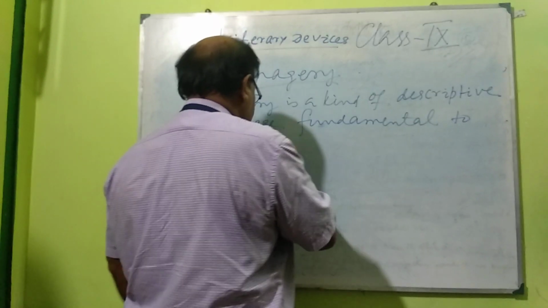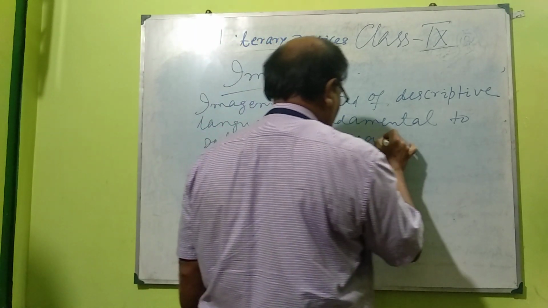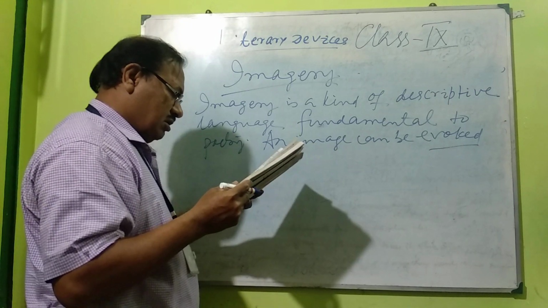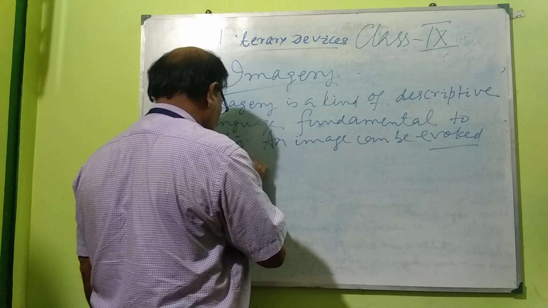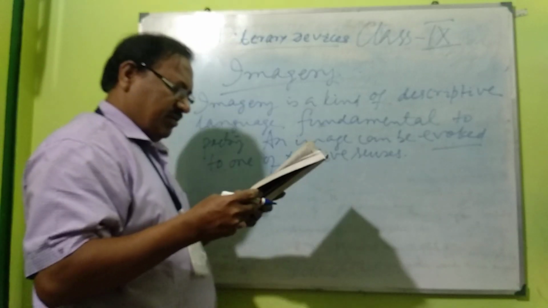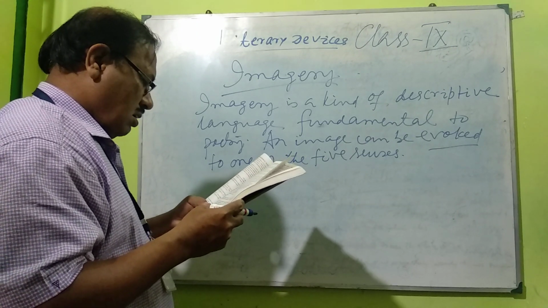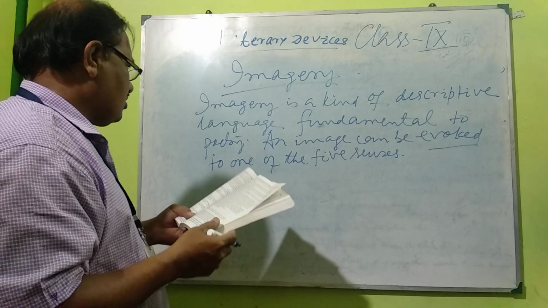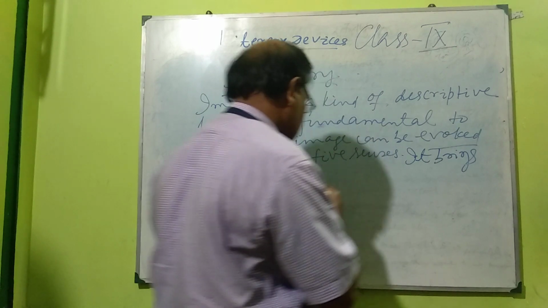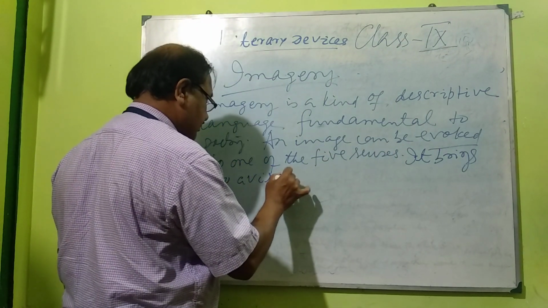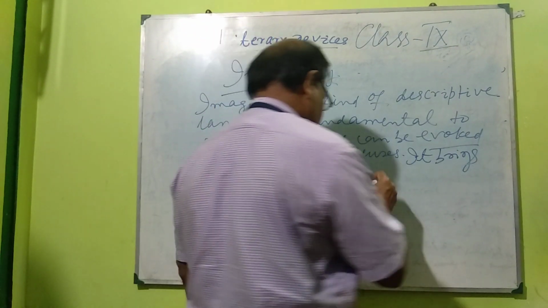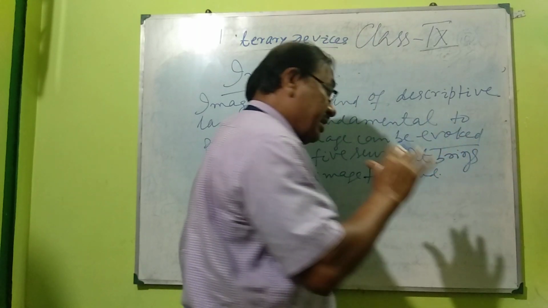An image can be evoked, evoked means created, to one of the five senses. Fundamental to poetry, and it can be evoked to one of the five senses. It brings a visual image to mind. A picture, a description, a picture.